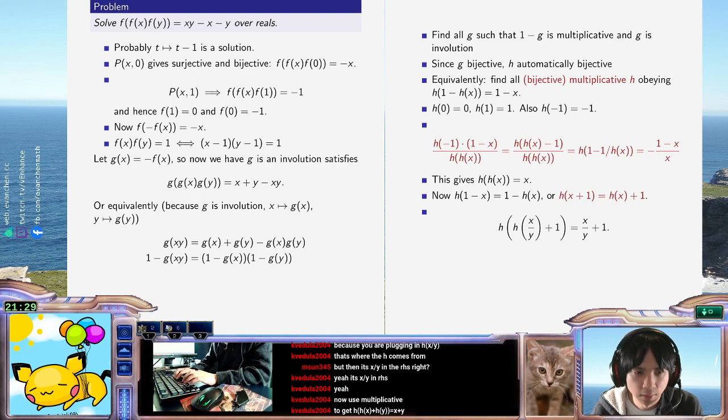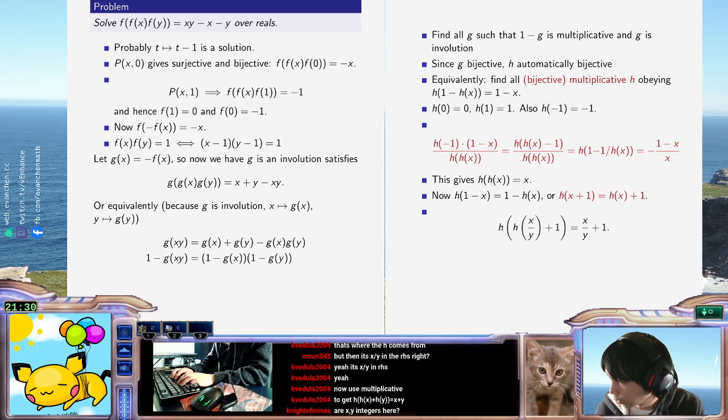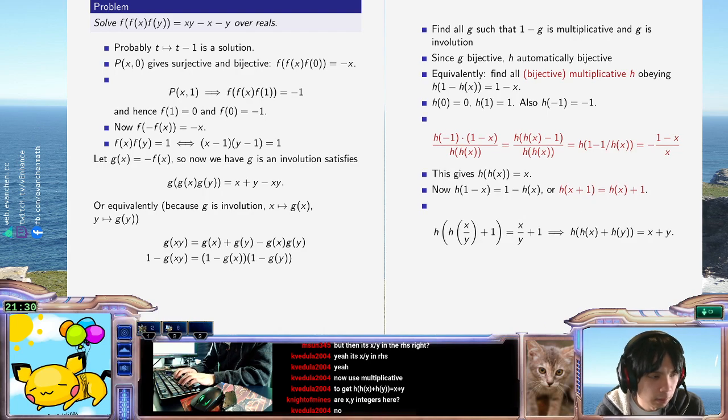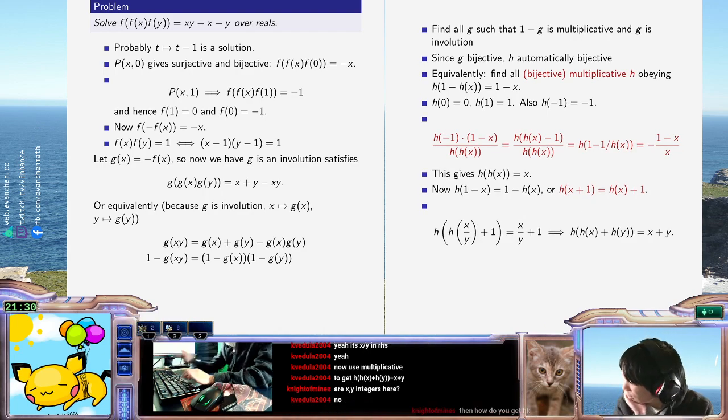Okay. So I'm going to multiply both sides by h of y, and this means h of x plus h of y is equal to, or by y, so it's like x plus y. Oh, wait. How does that work?